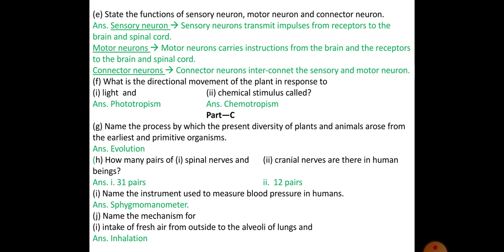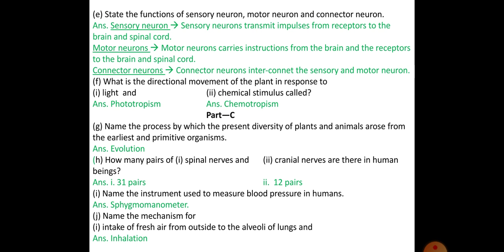Motor neuron carries instructions from the brain and spinal cord to the effectors. Connector neuron interconnects the sensory and motor neuron.